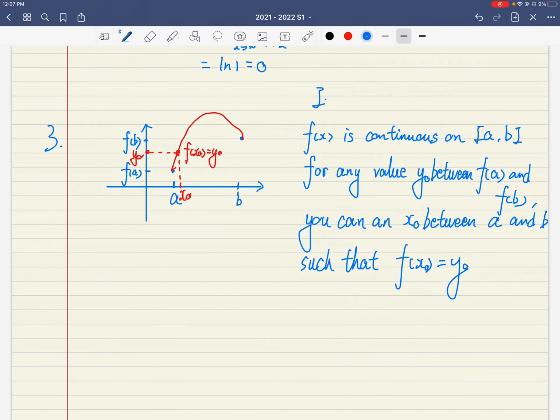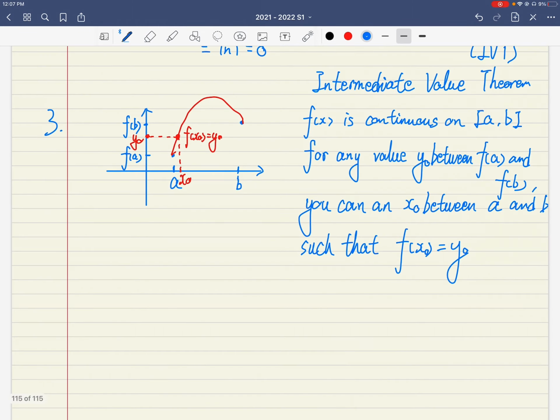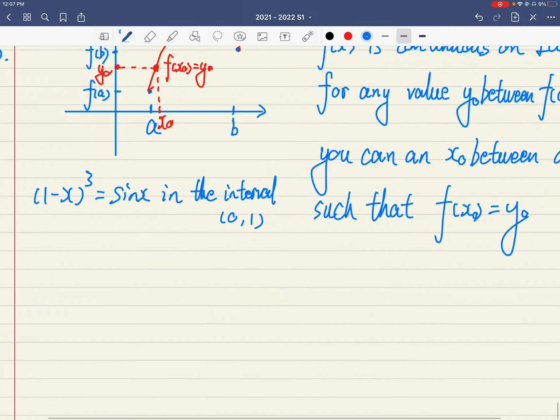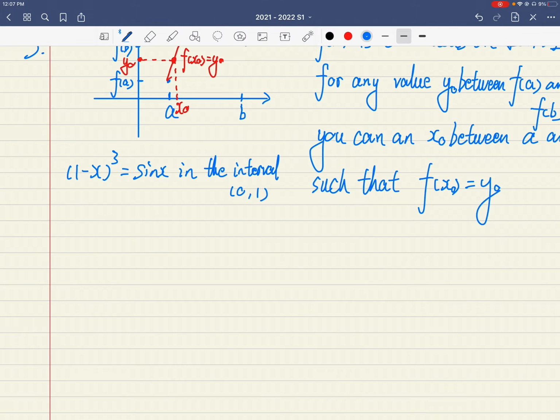This theorem is called the intermediate value theorem, or in short, IVT, to show that there's a root of the equation 1 minus x cubed equals sine x in the interval 0, 1.